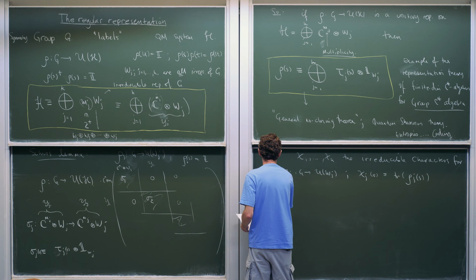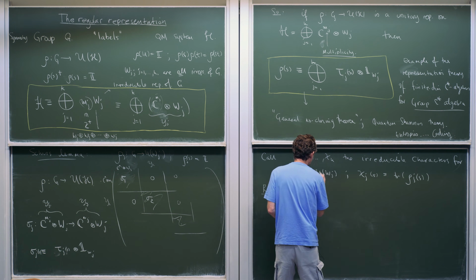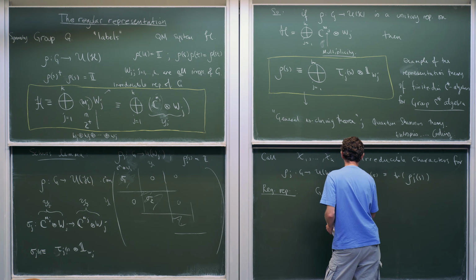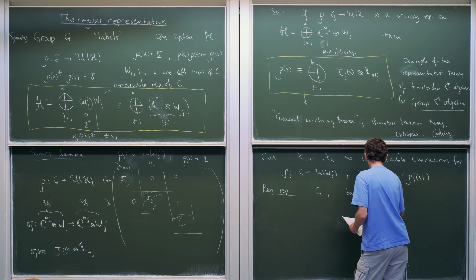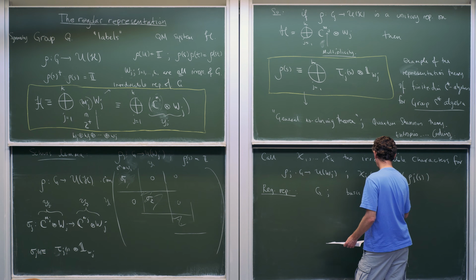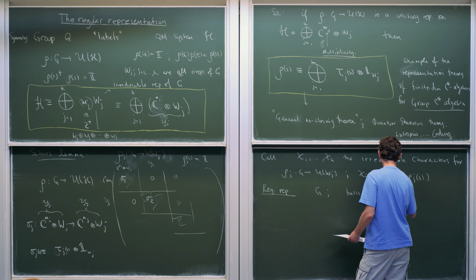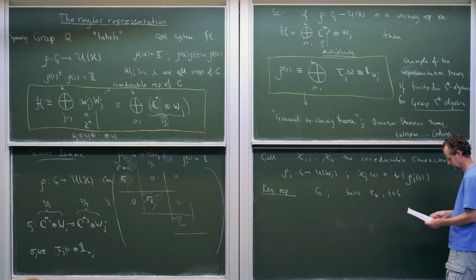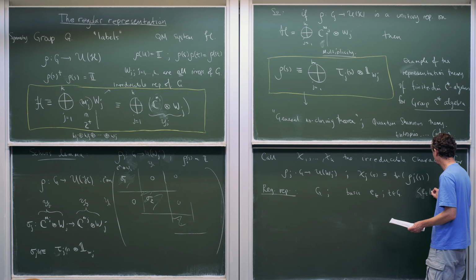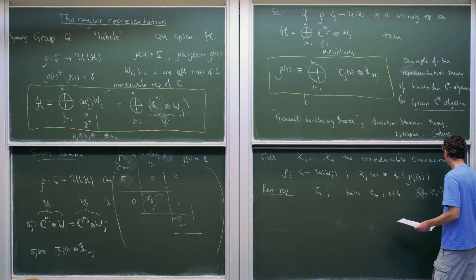So remember how the regular representation works. We have our group G. We introduce a basis e_t, such that t is for every element of the group. I'm going to further assume that this basis is orthonormal, per definition.